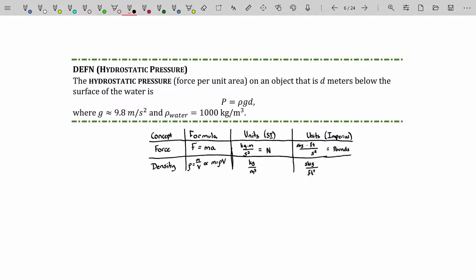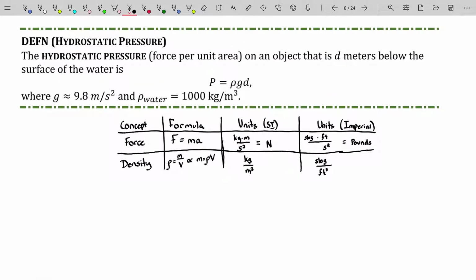So now that we have density down, let's start talking about hydrostatic pressure. Because really, when you're talking about density, like I said earlier, you're honestly probably talking mostly about some type of fluid. And then when you start talking about fluids, you say, well, what if I have some fluid in a container? How much force can that fluid exert upon the edge of that container?